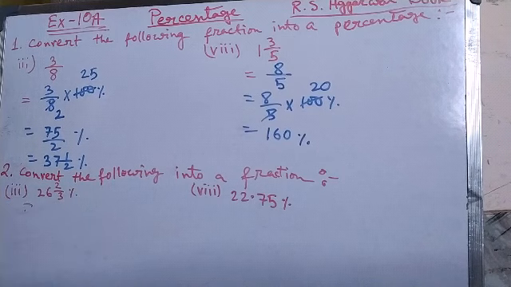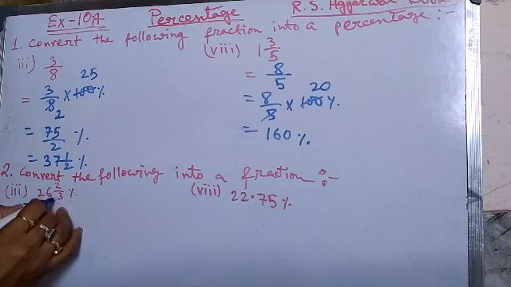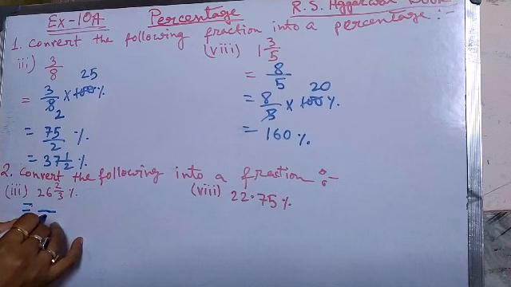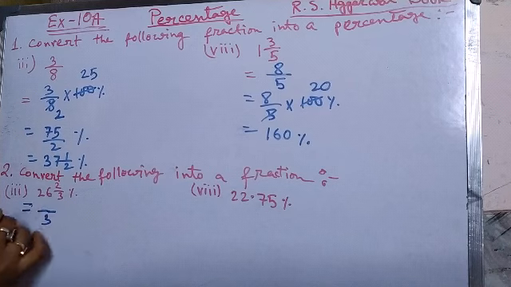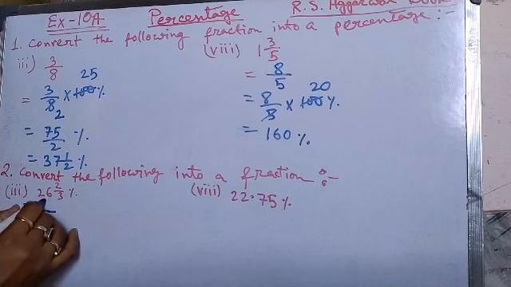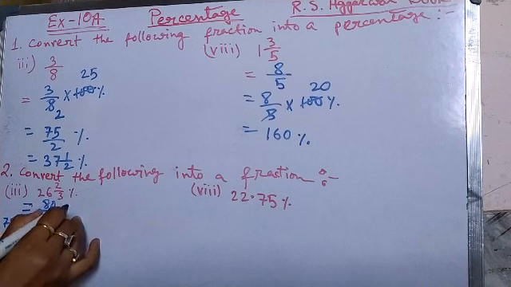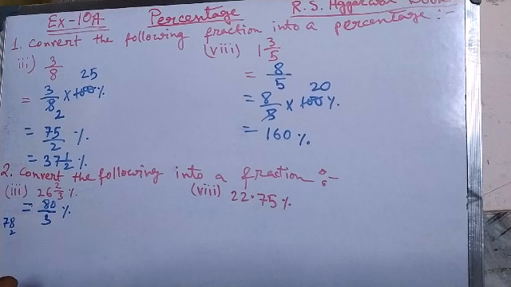So here first, what is the meaning of percentage, that we will write. That means we have to convert it first into a proper fraction. 3 6s are 18, 1 carry, 3 2s are 6 plus 1, that means 7. 78 plus 2, that means 80. 80 by 3%.